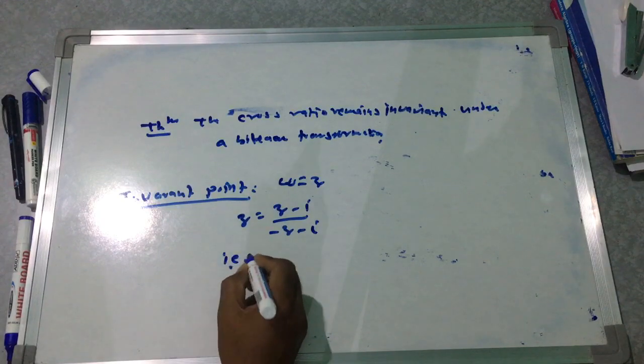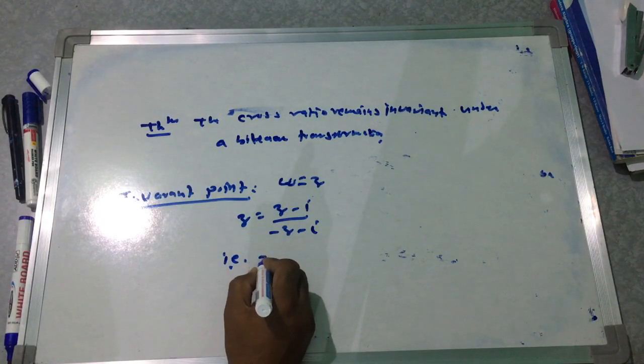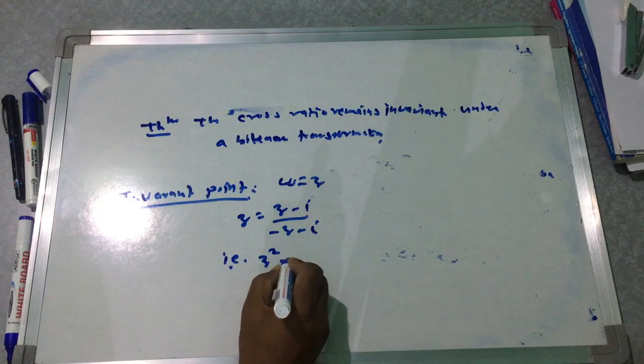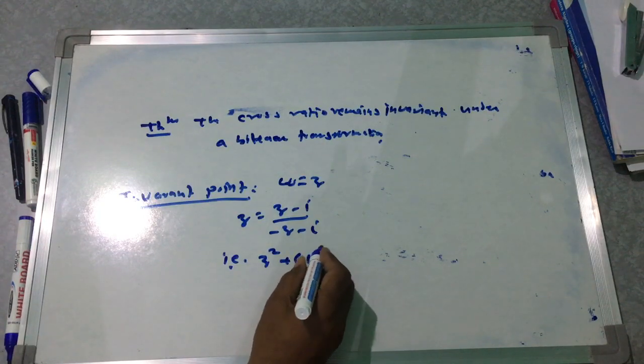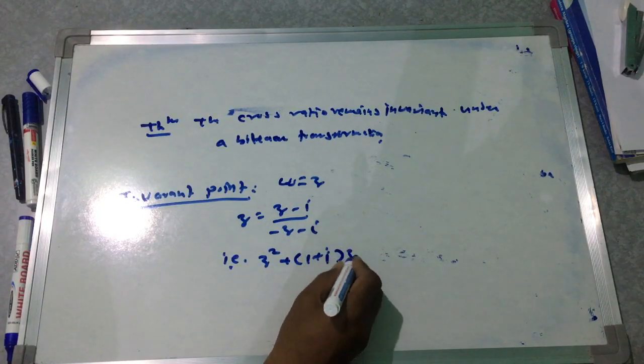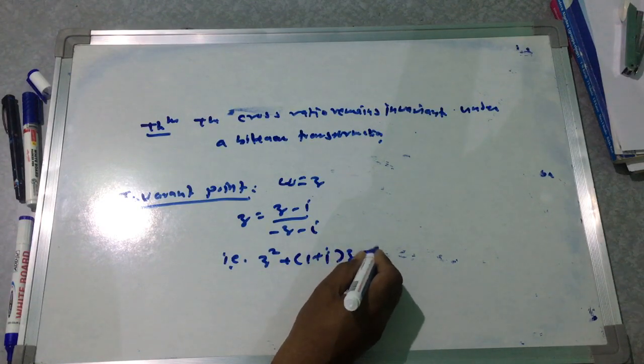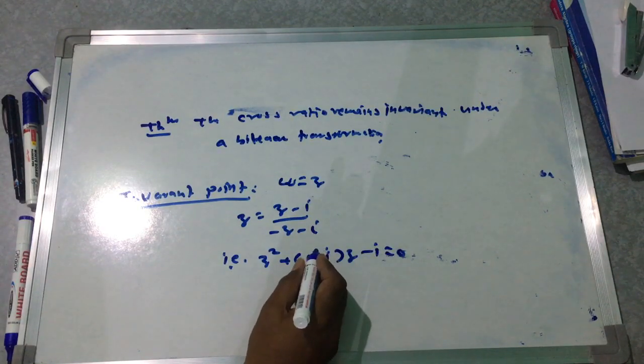That is Z square plus (1 plus I) into (Z minus I) is equal to 0.